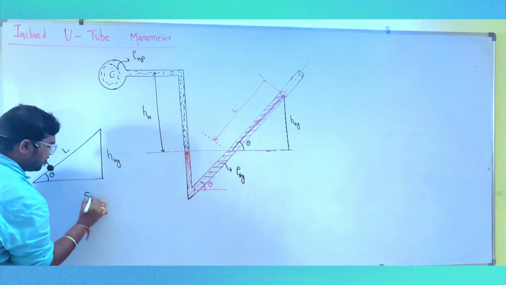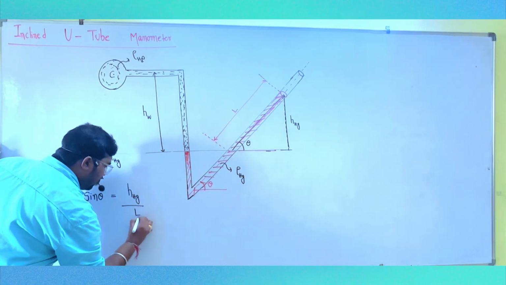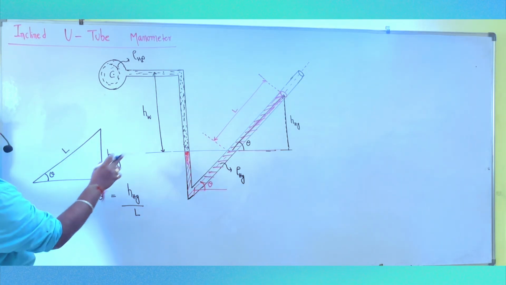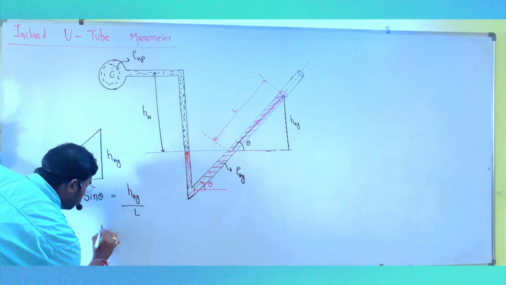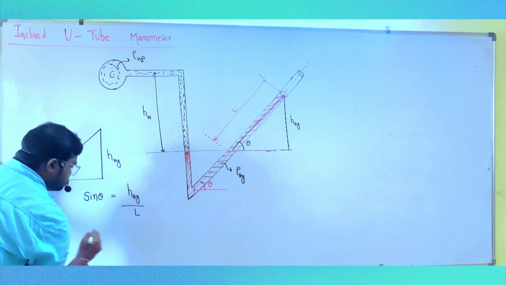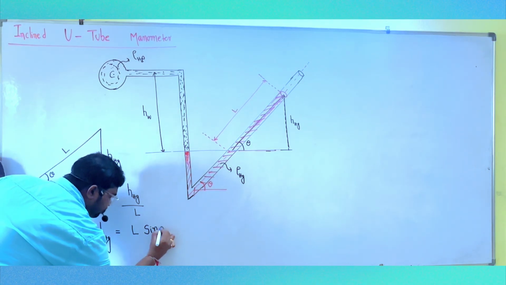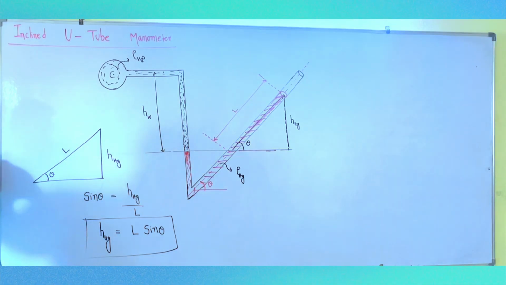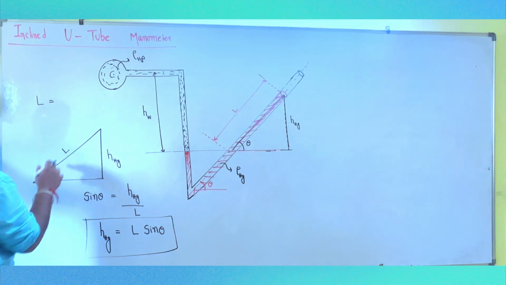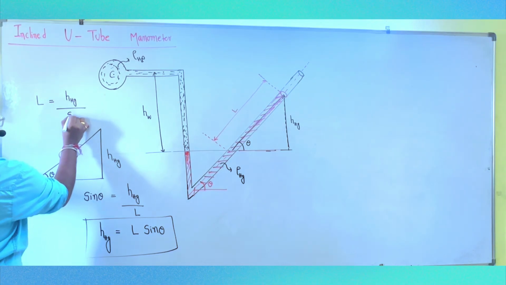What is sin theta? Sin theta is the height of the mercury column divided by L. So sin theta equals h_Hg by L, so the height of the mercury column h_Hg equals L sin theta. And L equals h_Hg by sin theta.